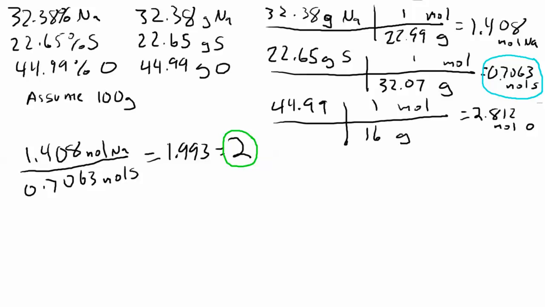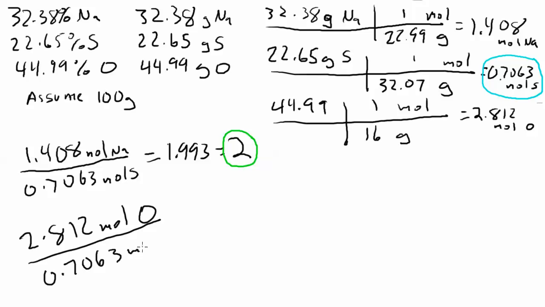And then I just have to do that again with the oxygen. So I've got 2.812 moles of oxygen. I'm going to divide that by the 0.7063 moles of sulfur, and I'm going to try to get the ratio of those two.